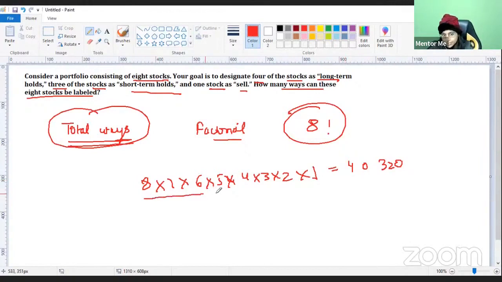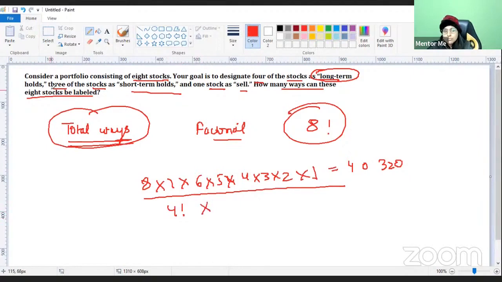But because we have these labels to be provided, our number of ways will reduce a little. We will have to divide it by the respective label arrangements also. For example, we have 4 stocks to whom we have to give the long-term label, so there are 4 factorial ways to do that.